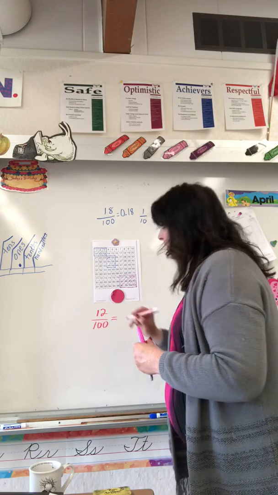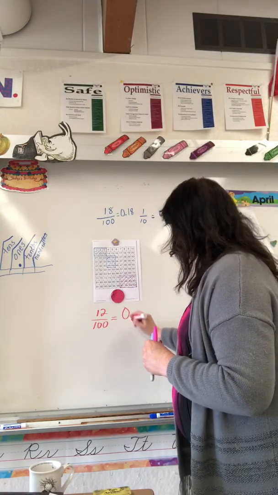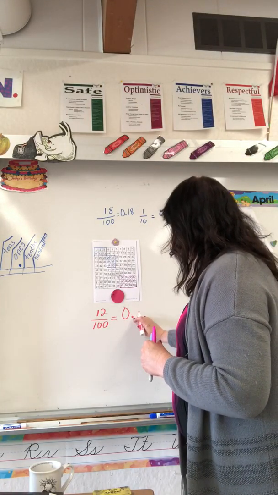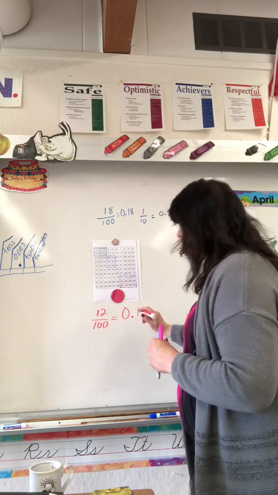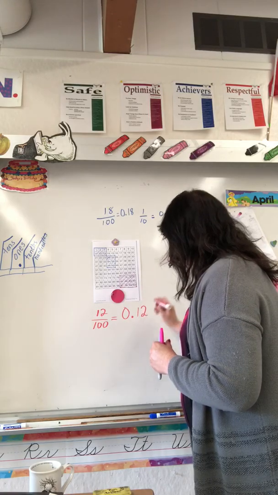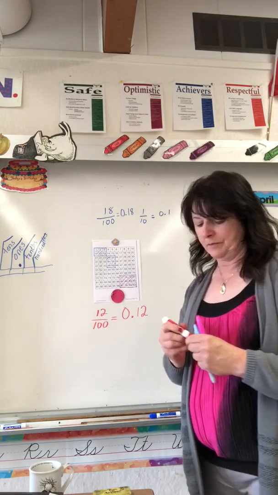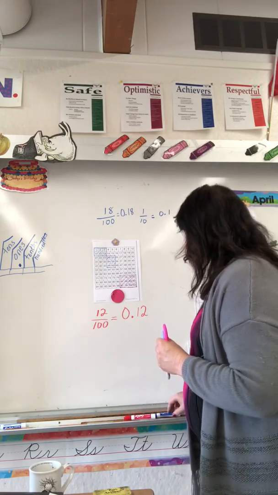And remembering that we are going to write this as a decimal using our 0 first. Our decimal, our parts that we have will be here. The 1 has to sit in the tenths place value, and the 2 has to go into the hundredths place value. Right? So we could do lots of different combinations here.